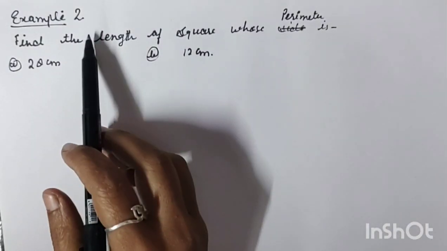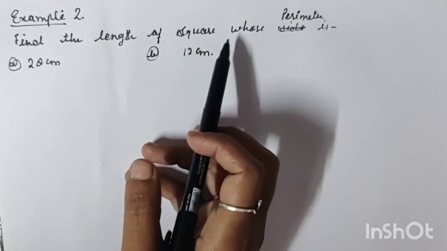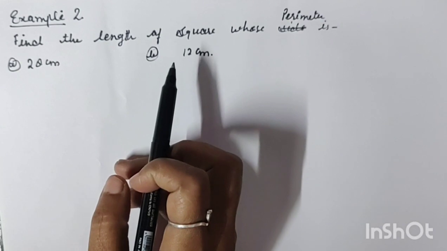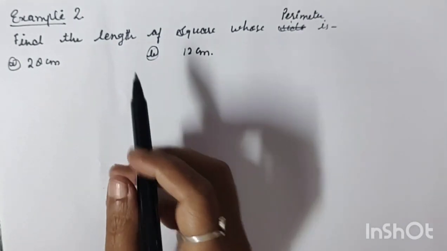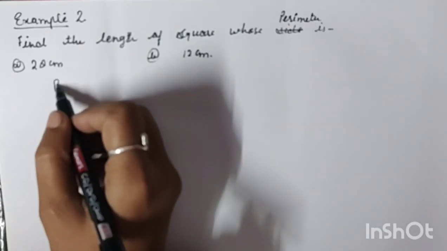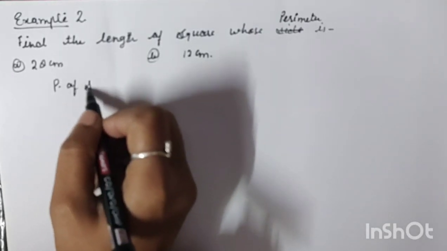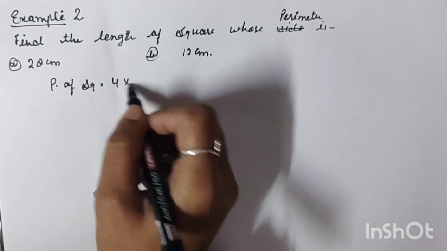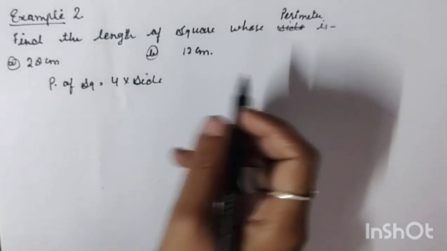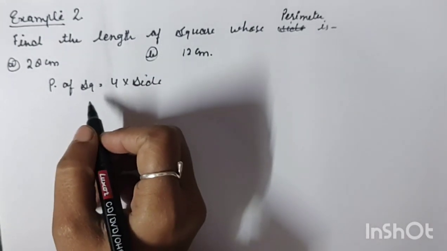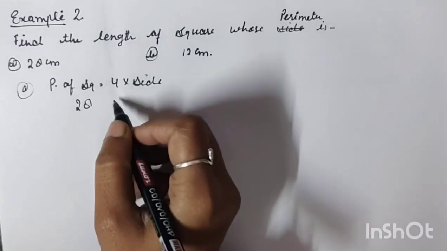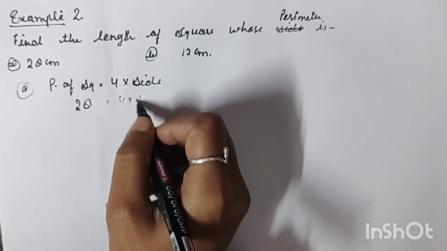Now let's take another example. Find the length of a side of a square whose perimeter is given. In this type of question, the perimeter is given and we have to find the value of the side. Perimeter of a square is equal to 4 into side, right? For part A, the perimeter is 28. So 28 is equal to 4 into side.